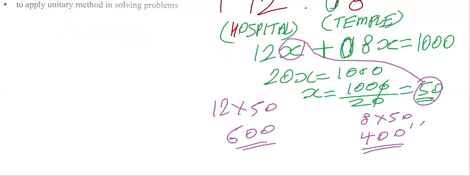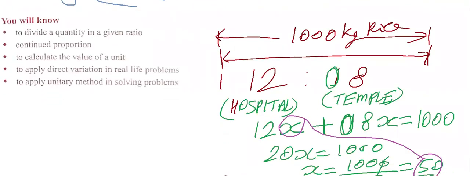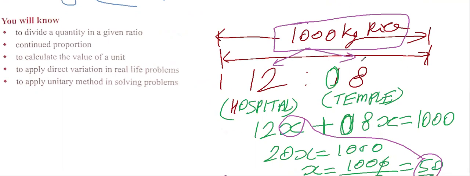So 400 kg you are donating to the temple, and 600 kg to the hospital. This is how you can divide the quantity in the given ratio. I have divided 1000 kg of rice into two quantities, one for the hospital and another for the temple.